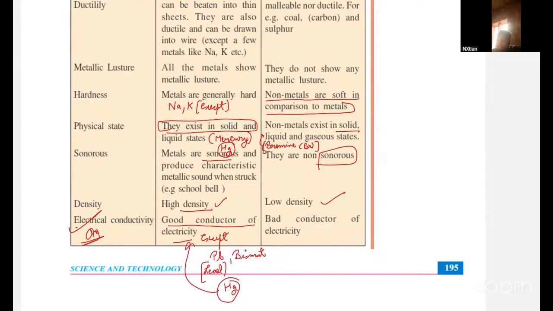Non-metals are bad conductors of electricity, but the exception is graphite. So, guys, you have to learn the exceptions. I am writing it in your book with you. Please write it down, and write graphite as an exception.